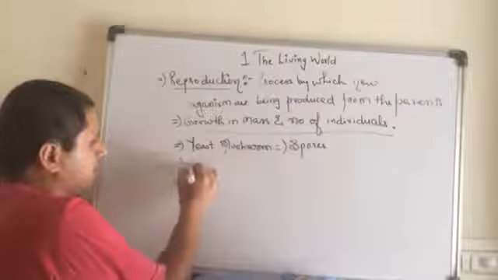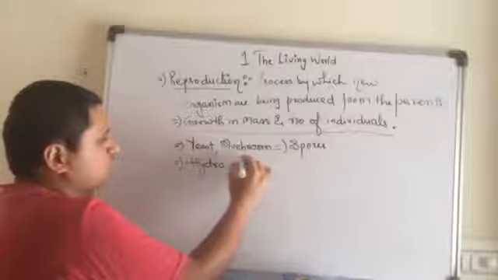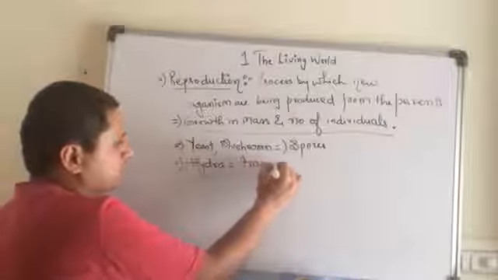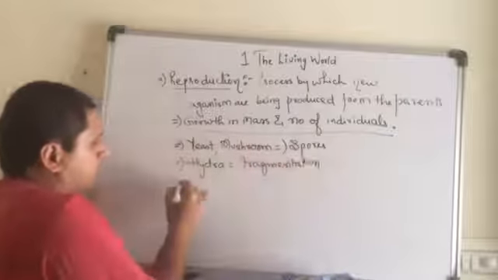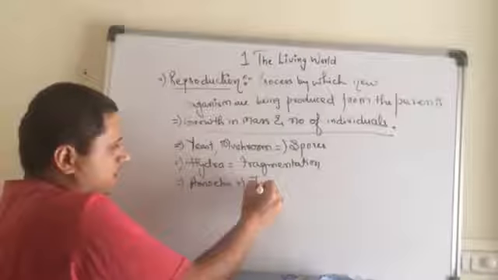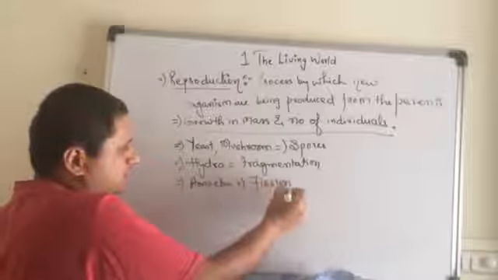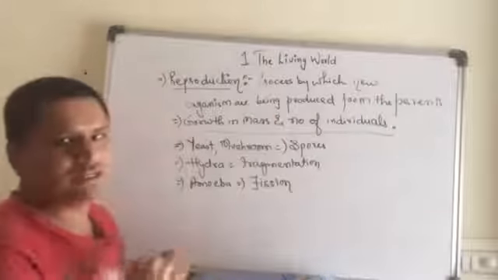On the other hand, the hydra reproduces by the process of what, children? That is the fragmentation. Even if we talk about the amoeba and the other bacteria, they reproduce by which process, children? That is the fission.